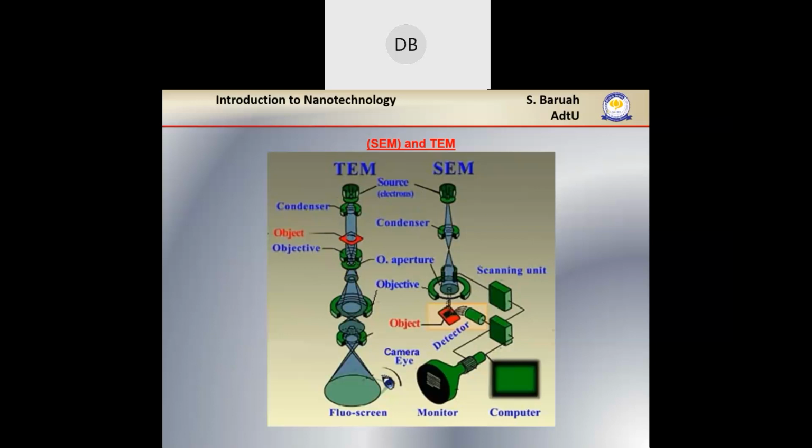It's not like a typical gun, but we have a source of electrons, mostly a metal, because metals are filled with electrons because of the overlap of the valence and conduction bands. They have a huge amount of free electrons, and the best possible materials to throw out electrons are metals.